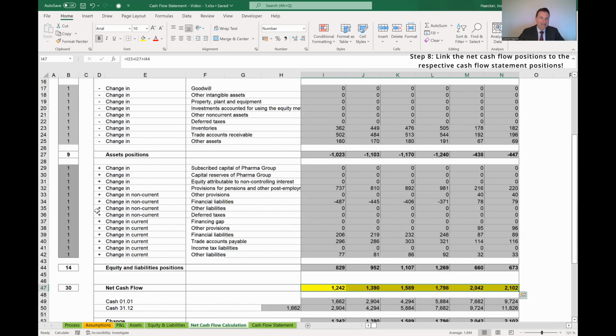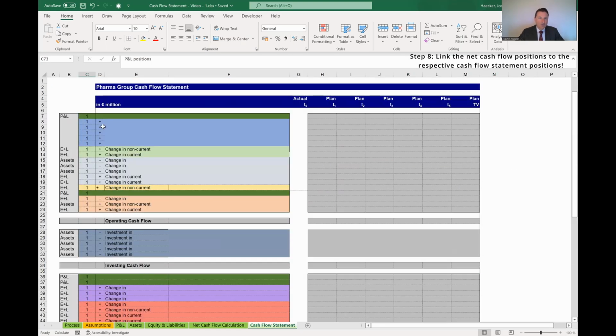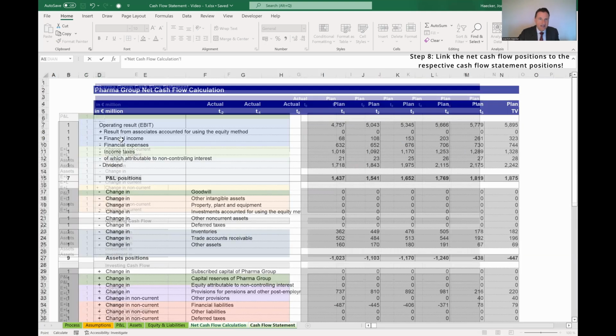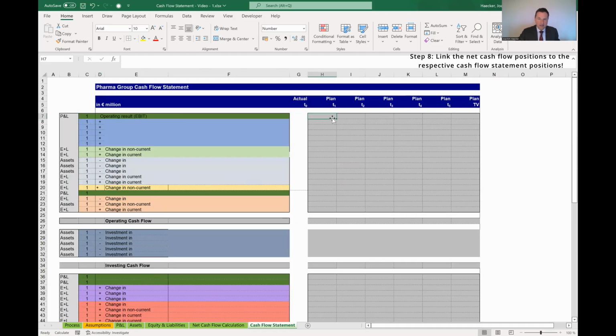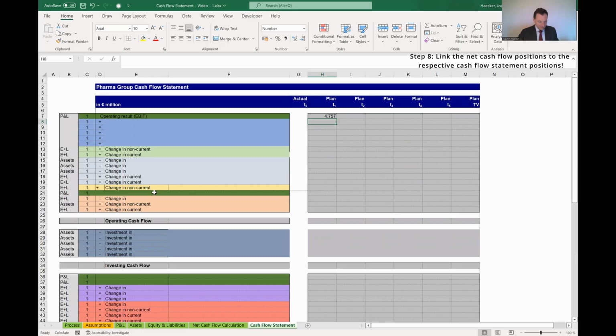P&L position, we had 7 P&L positions here. So let's go and look, where do we put the P&L positions? Well, we always start with the EBIT, earnings before interest and taxes, which is here. So we start with the EBIT, and this is our EBIT calculation done. Then we also pay taxes.